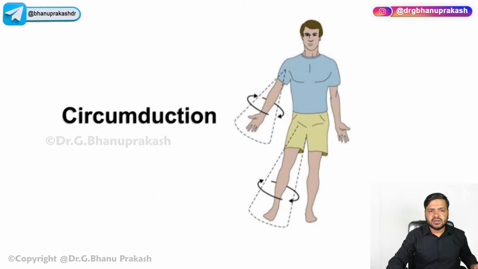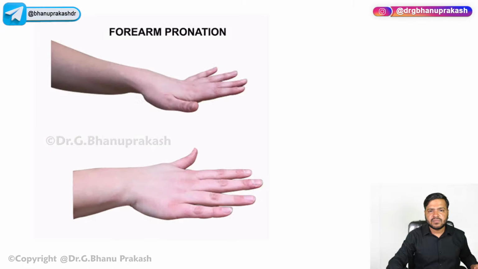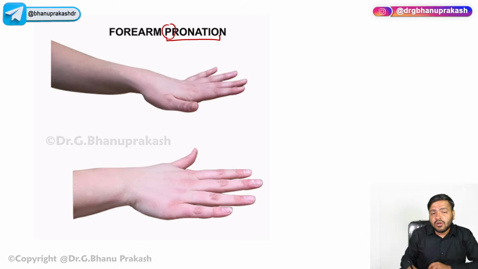Just try to see over here, guys. Now, when I say pronation, just remember pants. From P, you already know we have palm, and from P, we have pants. We are wearing the pants downwards, guys.